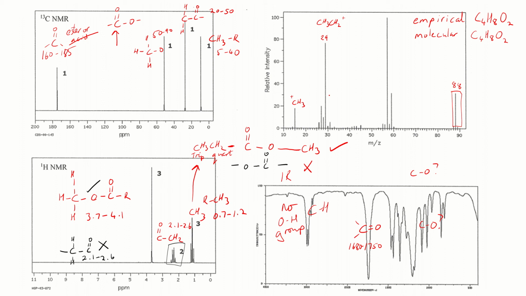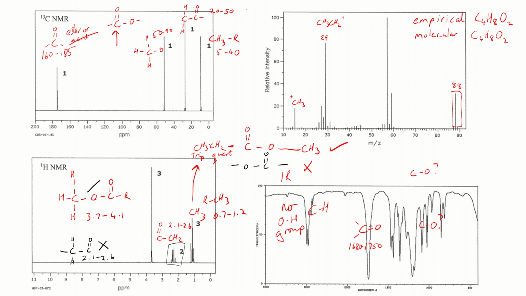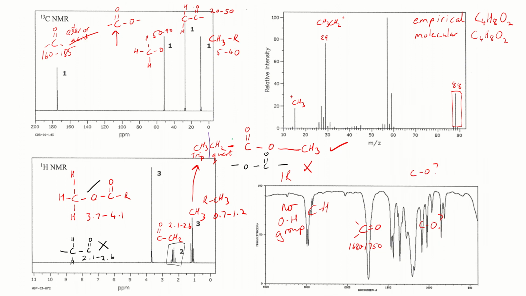Now with the mass spec, coming back to that, in terms of the simple fragmentations, you can see if I break the carbon-carbon bond there, I can get the CH3 coming off. If I snapped off in there, there is my peak at 29, the ethyl group essentially.